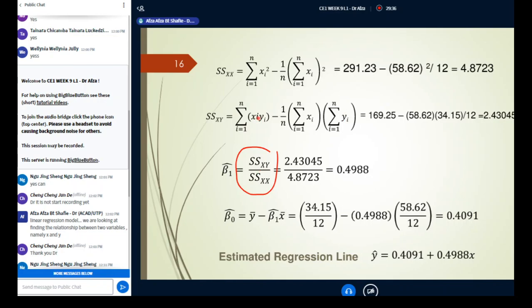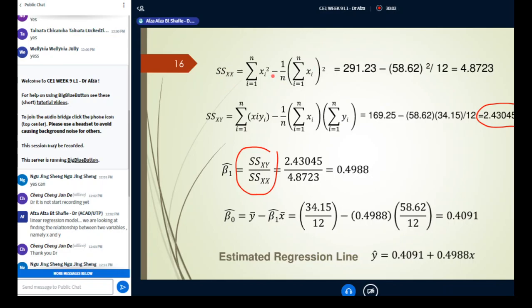What is the sum of squares for the xy? It's just taking summation of xi yi minus 1 over n summation of xi summation of yi. So you get a value that is 2.43045.